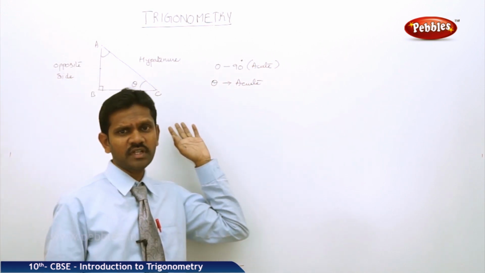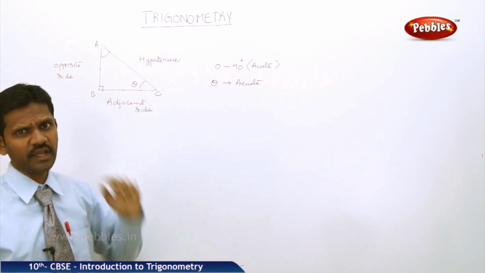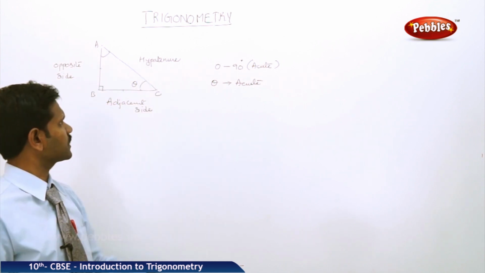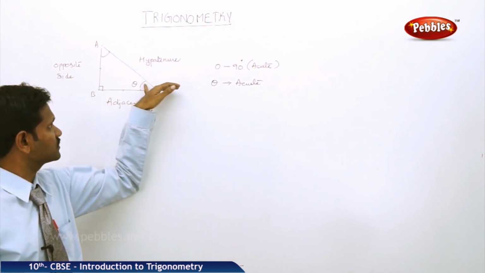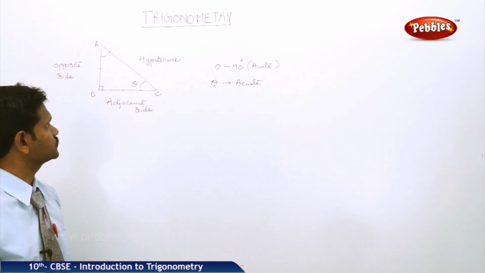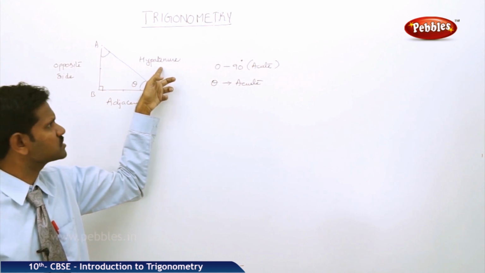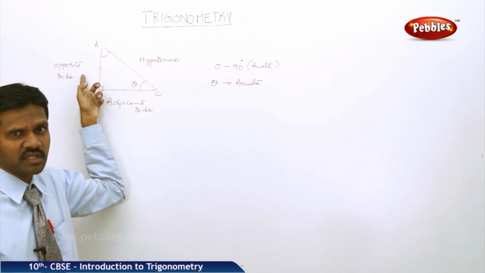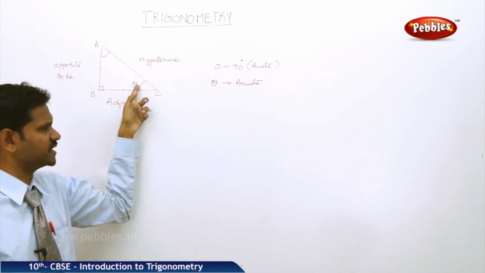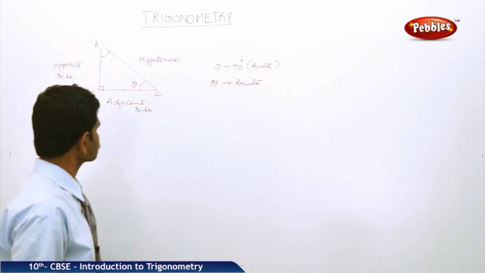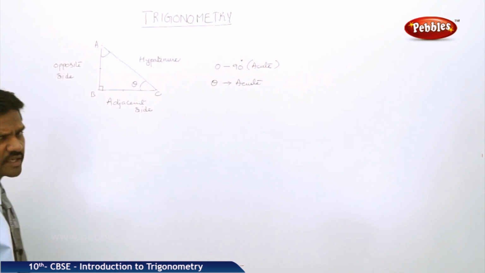Therefore, we conclude what the names of the different sides of a right angle triangle are, when theta is acute. The side opposite to the right angle is called the hypotenuse. The side opposite to theta is called the opposite side. The side next to theta is called the adjacent side.